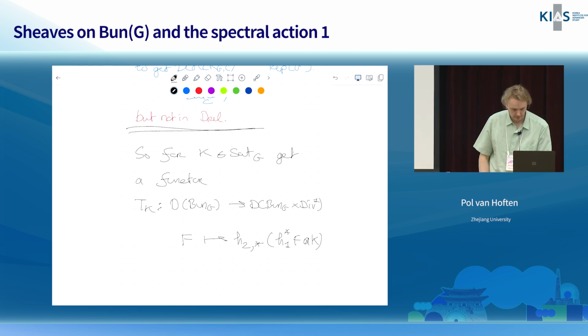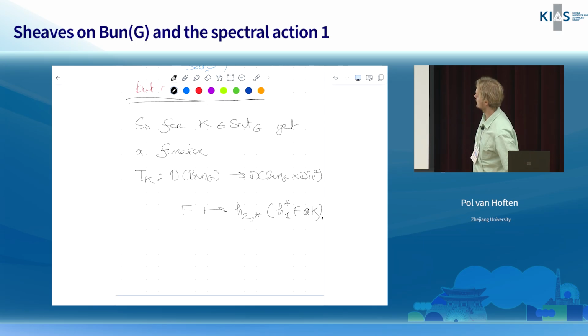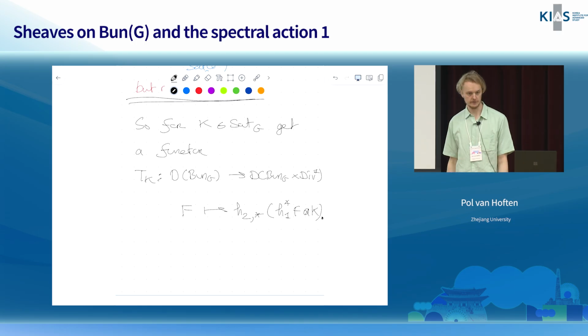Okay, so this is the basic ingredient of the spectral action. And so now, okay, now I have the branch between D étale and D rel, okay? Because I would like to be able to think of T_K as just a functor from Bun_G to itself.